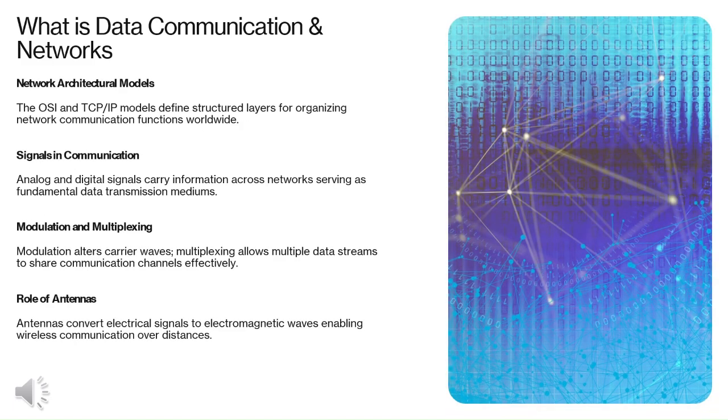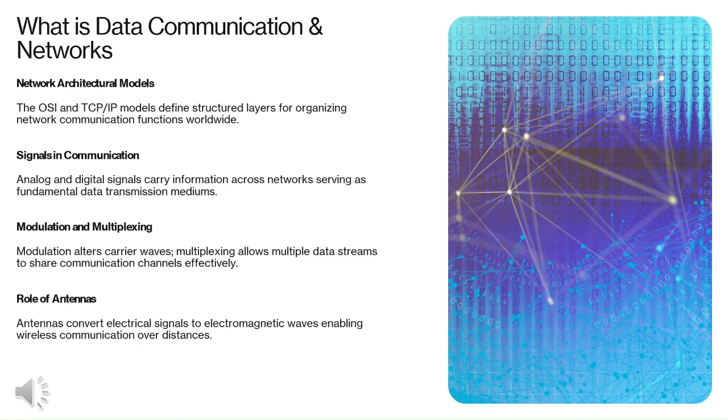What is data communication and networking? There are four concepts in data communication and networking: networking architecture models, signals, modulation and multiplexing, and antennas. In networking, the OSI and TCP/IP models provide a structured layer to organize global communication functions.